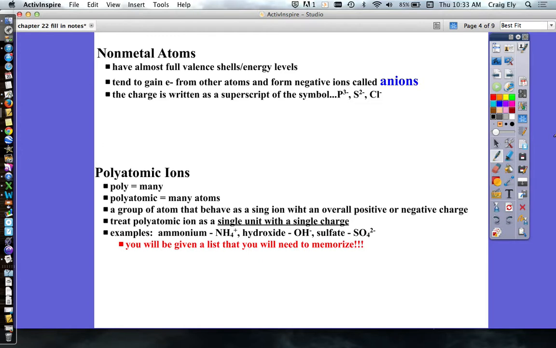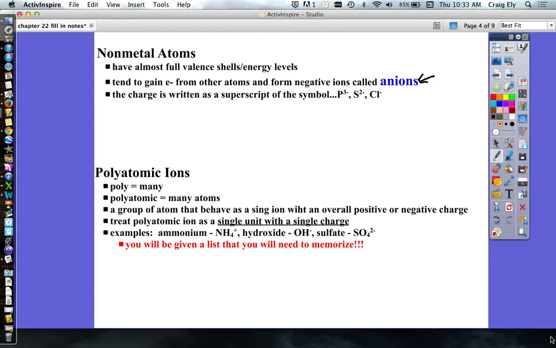All right, and those negative ions are called anions. Again, you need to know that word. You need to know that an anion is a negatively charged ion. Okay, and the same thing when you're writing the symbol for an ion, you're going to have the charge as a superscript. Okay, so that's metals versus nonmetals.